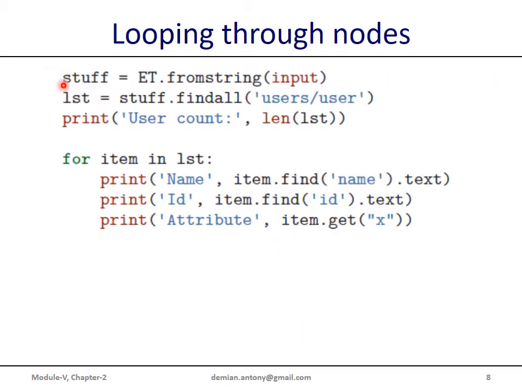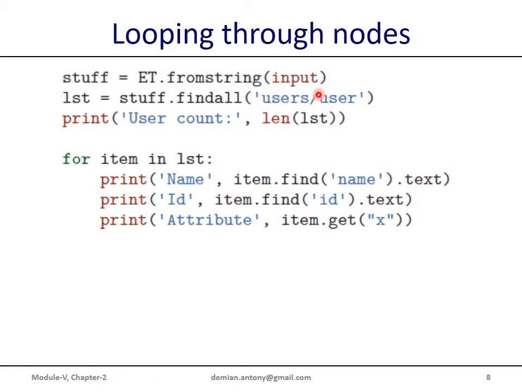What we have to do is, first create a DOM tree by reading the docstring representing the XML using the fromstring method. Then, instead of find, we have to use findall for the elements user. Since user is a subchild of users, we have to specify the complete path: stuff.findall of users/user, where stuff is the DOM tree.